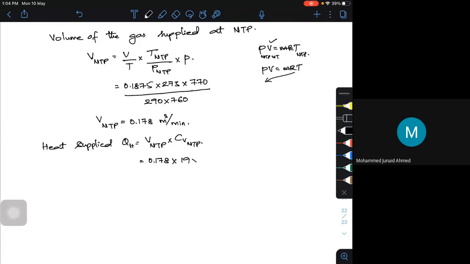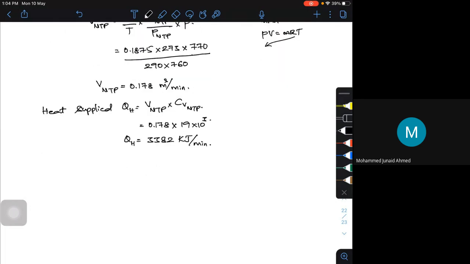Put 10 to the power of 3, and you will get kilojoules per minute. 0.178 into 19 into 10 to the power of 3, I am getting around 3,382 kilojoules per minute.